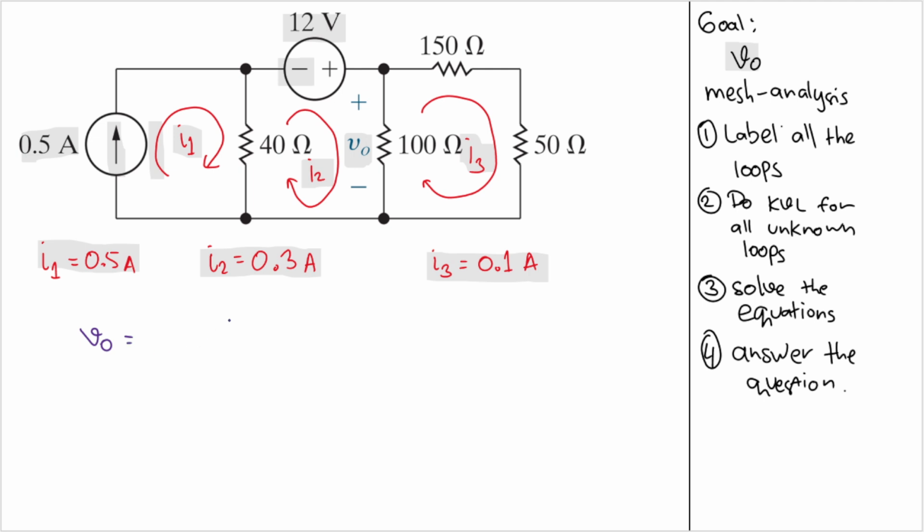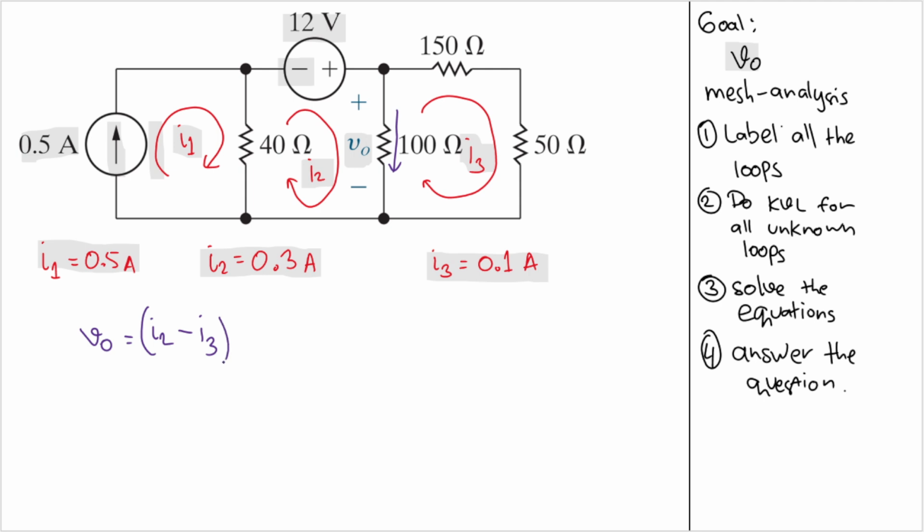PO here is equal to, because the current should go from the positive side to the negative side, it should be like this here, right? And the one that has the same direction as this is I2, so the positive one will be I2. And here I3 is flowing in the opposite direction, right? I3 flowing up, so I'll have minus I3.